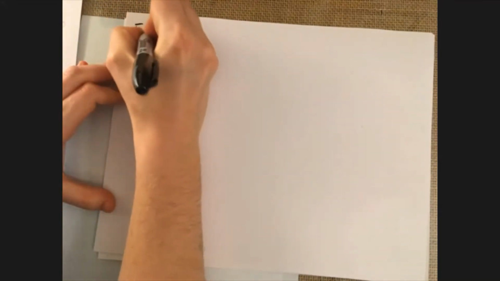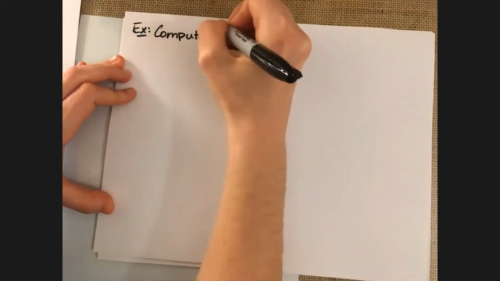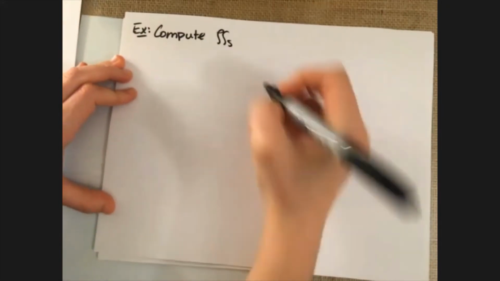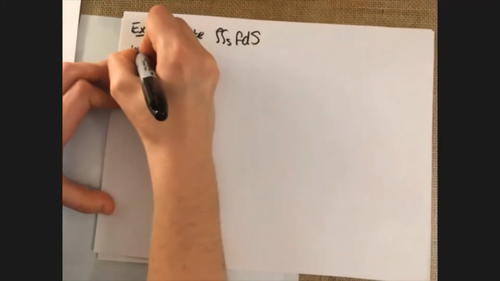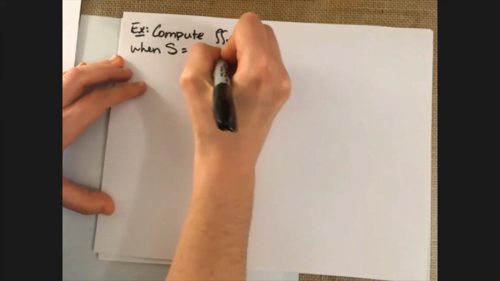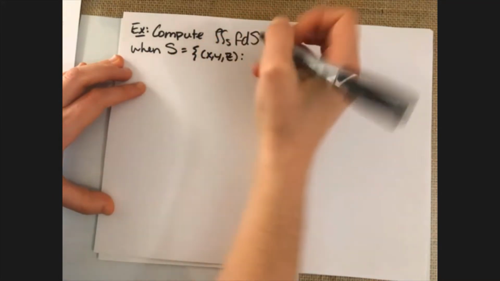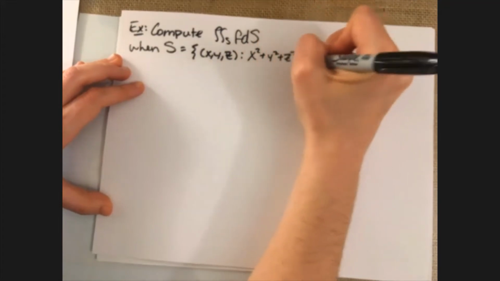So with this example, we will compute the surface integral over S of f dS when S is our surface x, y, z, such that x squared plus y squared plus z squared is equal to 16.